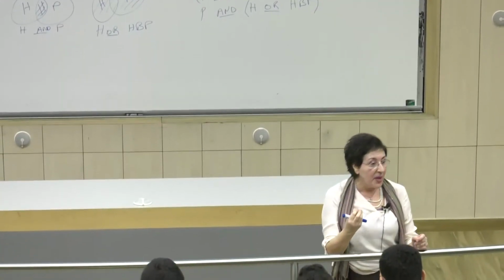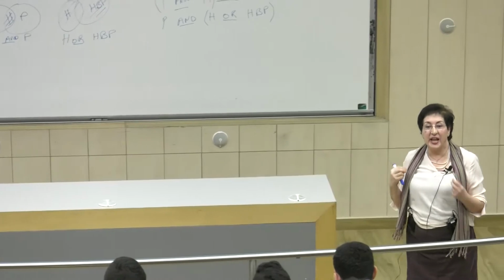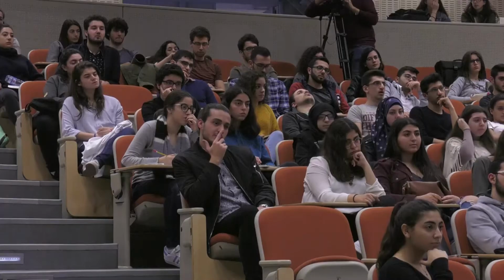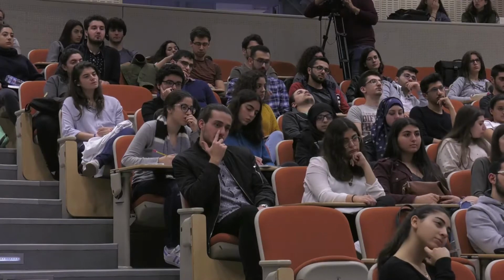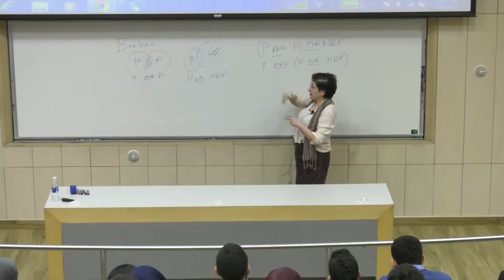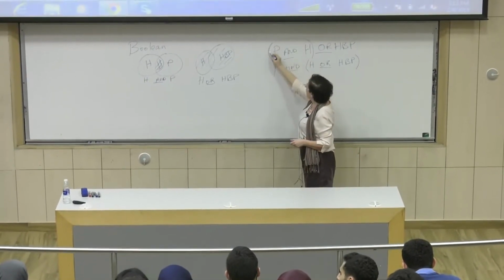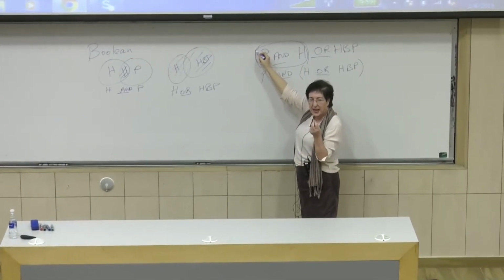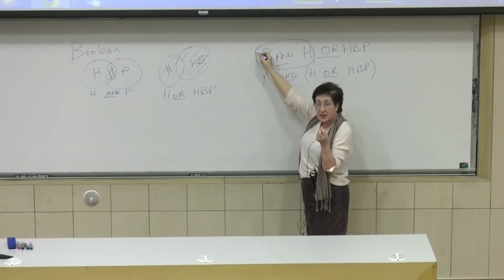Which one of them will give me hypertension in pregnancy? Is it the first or the second? Anybody says the first? Why? Because the first, I'm processing pregnancy and hypertension first. Now, the result so far, is it good? Yes.